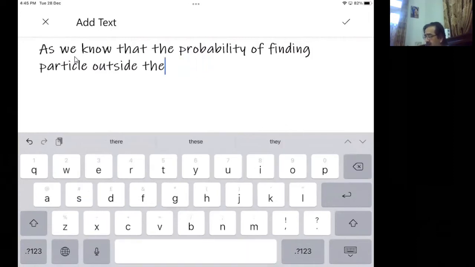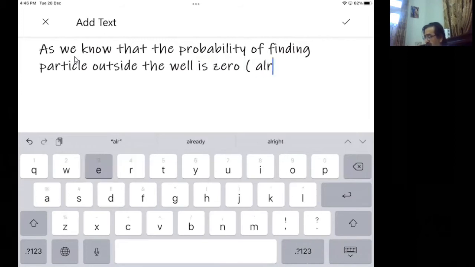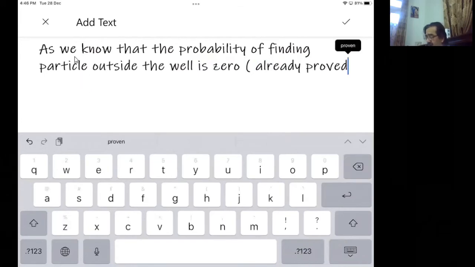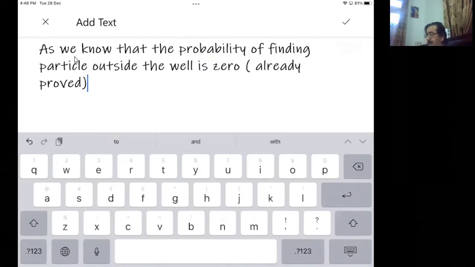Outside the well is zero. We have already proved that the probability of finding the particle outside the box is zero.